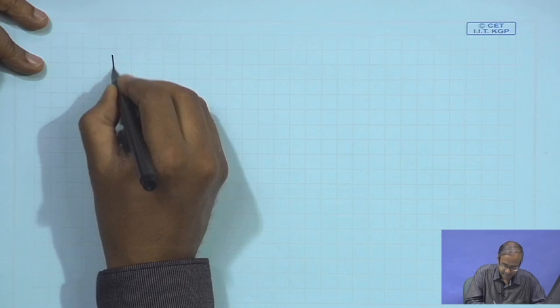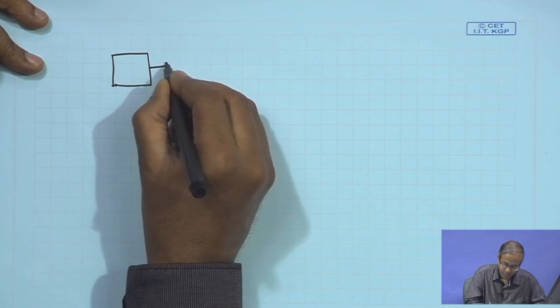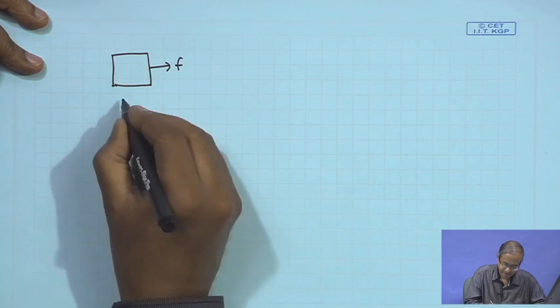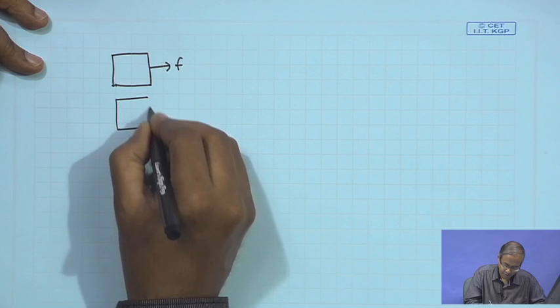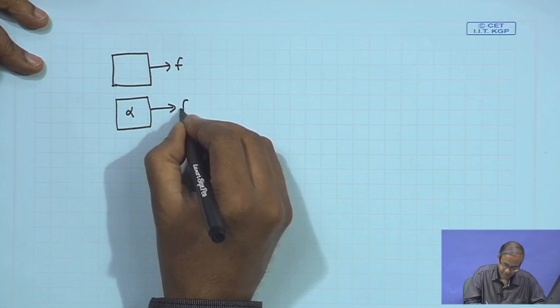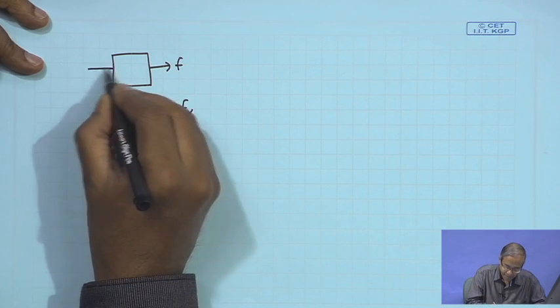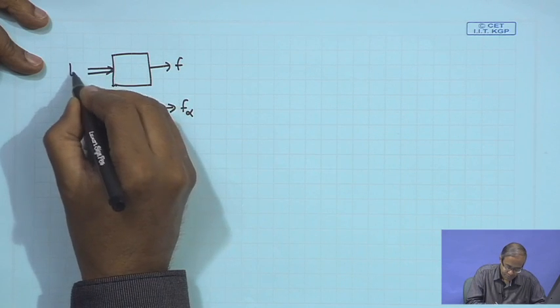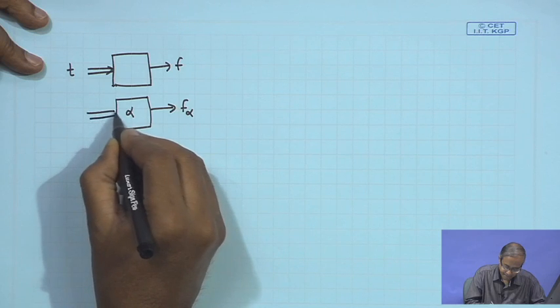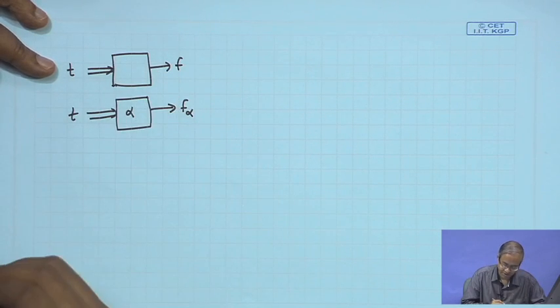Suppose I have a function, any block, the output is f. Let us say there is a fault in this function, the fault is alpha. So, in presence of the fault, the output is f alpha. I have applied some test input, let us say t, to the good function as well as the faulty function.